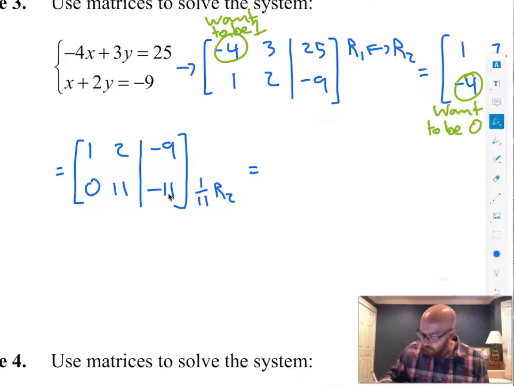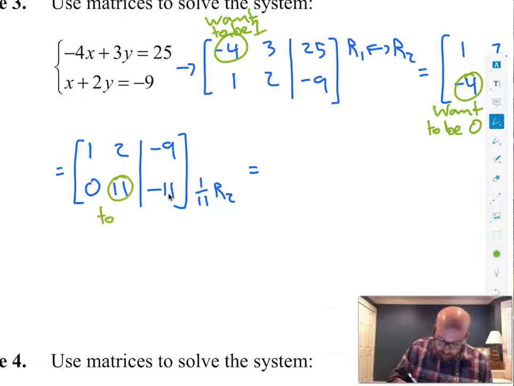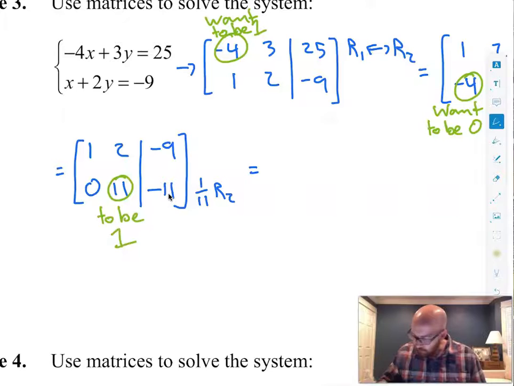So again, let me write down what we want. We want this to be a 1. So here's how we do this. We multiply it by a 1/11 or divide by 11.